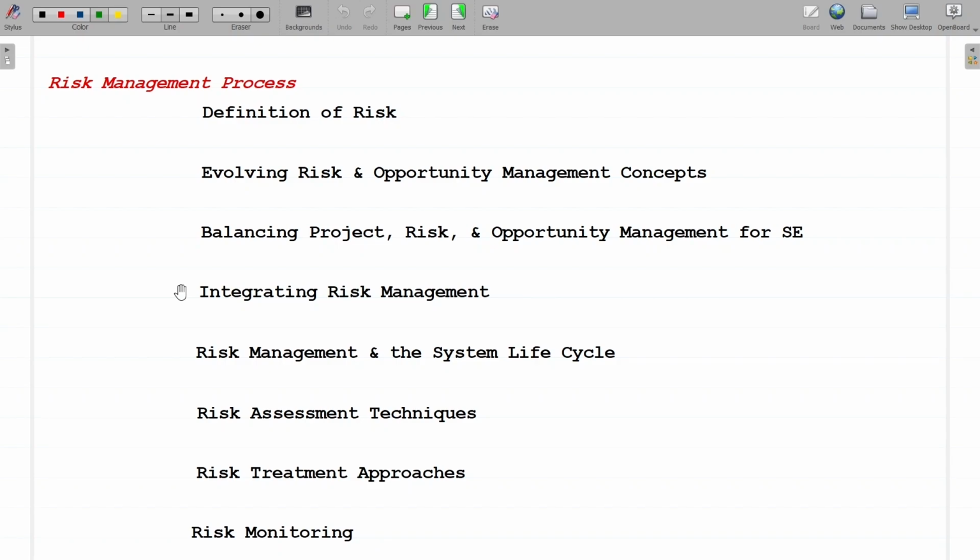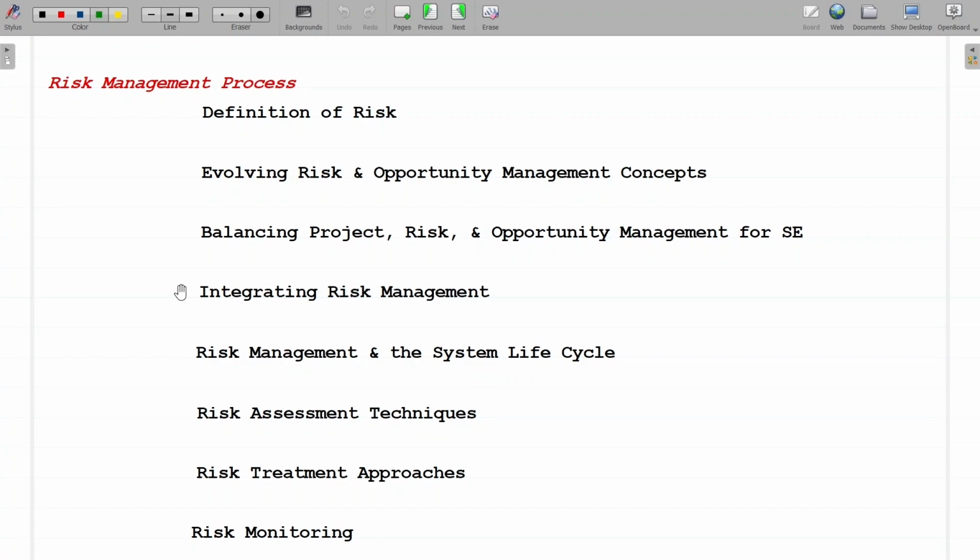Integrating risk management. Integrating risk management with all organizational processes improves the performance of risk management while gaining efficiencies. Risk management in life cycle processes provides a methodical approach for the integration of risk management and risk based thinking into all systems engineering life cycle processes.